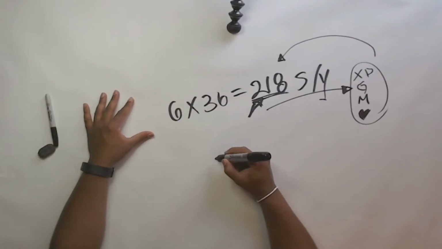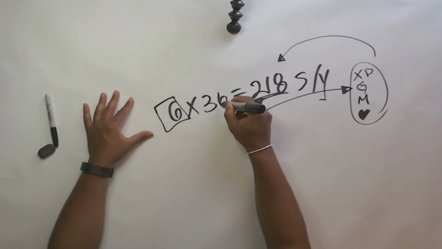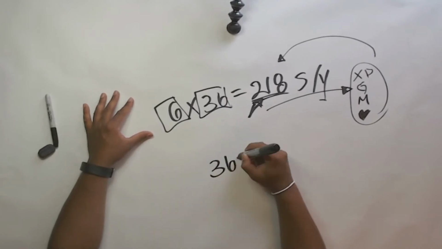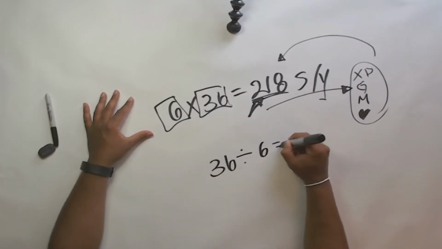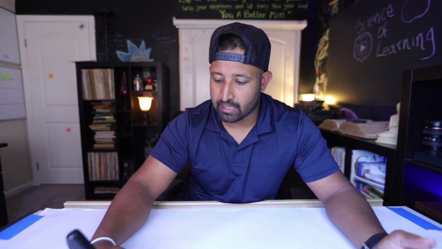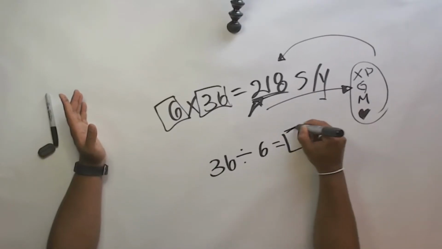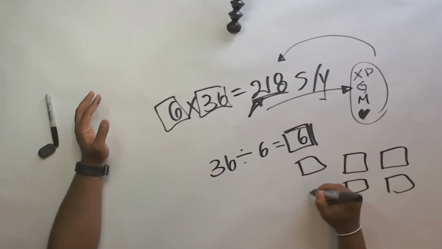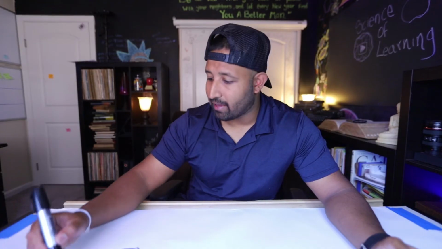I've taken each of these 6 periods of 36 students, and I've divided them into 6 teams of 6 students each. So I have 6 teams that look like this, and each of these 6 teams has a captain.